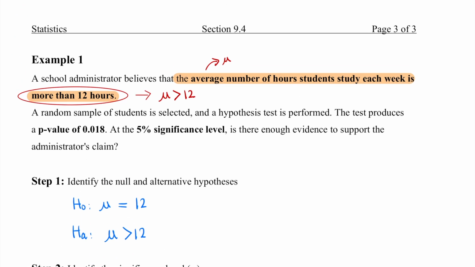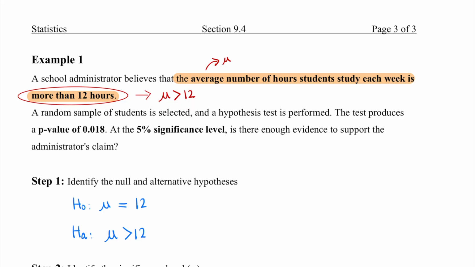The problem asks if there's enough evidence to support that the average number of hours students study each week is more than 12 hours. So we want to know if there's enough evidence to support the claim that mu is greater than 12.